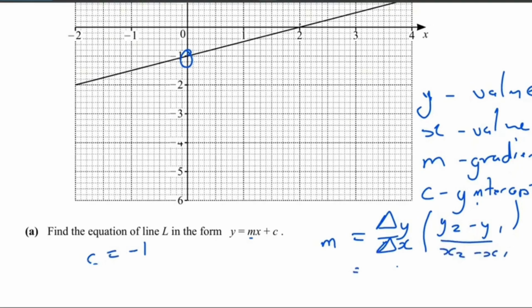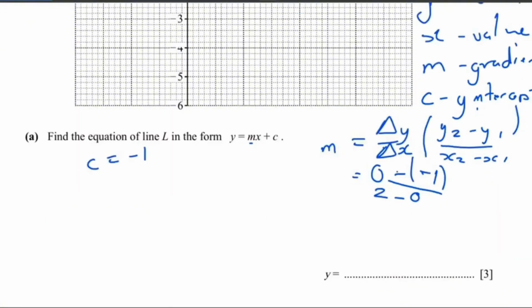I'm going to take this point and this point. At this point, the y value is 0, minus the y value at this point, which is -1, and the x value at this point is 2. The x value at the y-axis is 0. So it will now be 0 minus -1, which is the same as +1, over 2 minus 0, which is 2. So our gradient m equals 1/2.